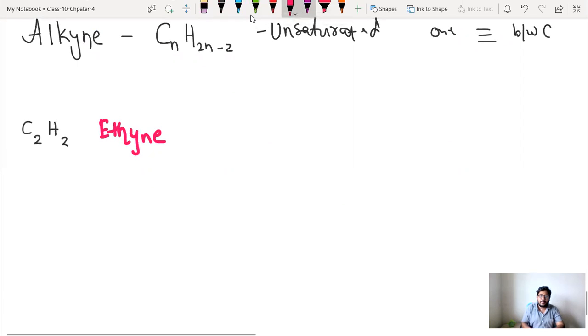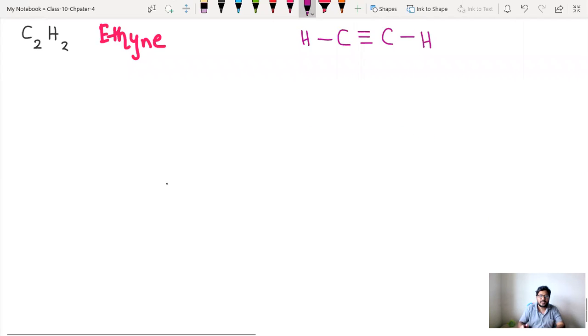Now how many carbons? 2: 1, 2, with at least one triple bond between the carbons. For this carbon the remaining valency, already 3 represented, 4. For the second carbon, already 3 represented, 4. Draw hydrogens, 1, 2. You see 2 carbons, 2 hydrogens, right?